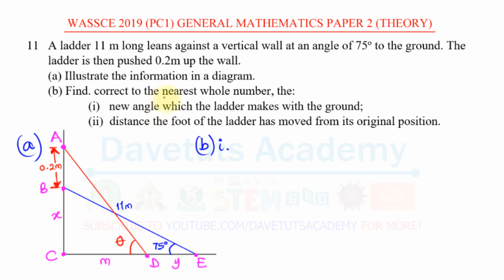But first we need to get the new angle which the ladder makes with the ground, which is this angle theta. And to find that, if we look at this diagram critically and we are able to find this particular distance BC, which is X, we can use that value and 0.2 meters as the opposite of this angle.